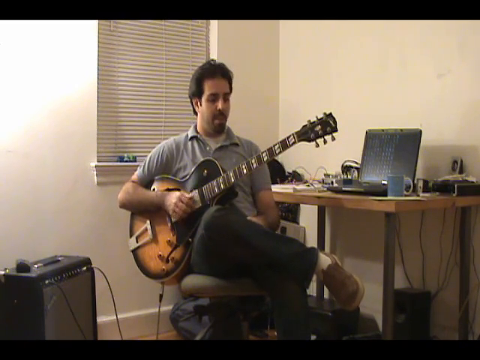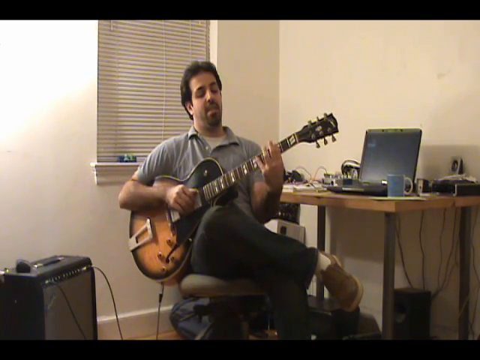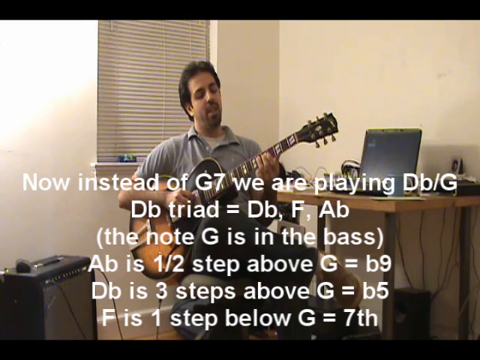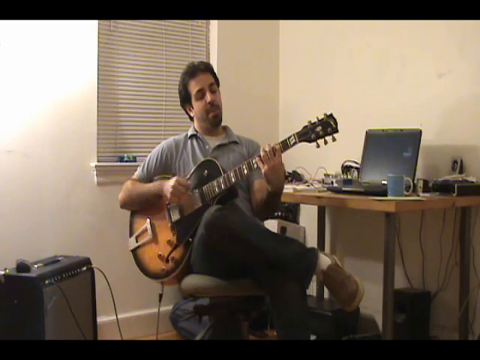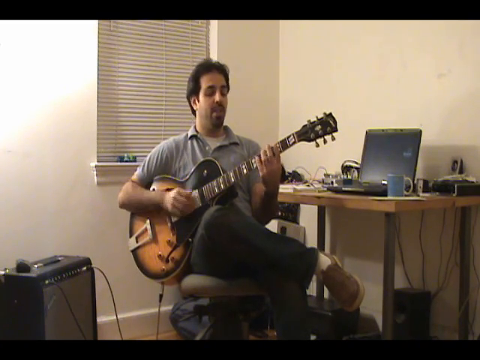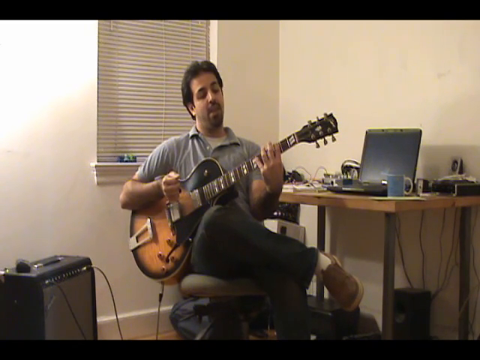Another example can be playing D flat major with G in the bass. Again you just check the notes. You get the flat 9 again, which is A flat, D flat, which is the flat 5, and F, which is the 7. So by playing D flat over G, you get flat 9, flat 5, and 7. Another sound.